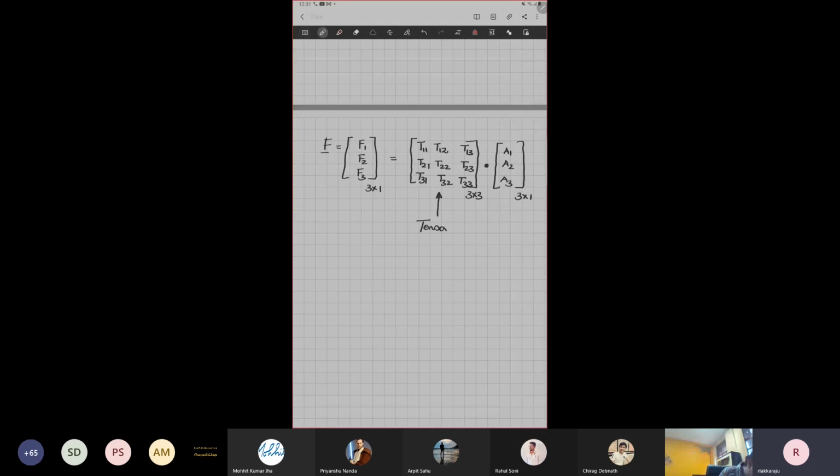The more formal definition is a second rank tensor, having an inner product dot with a first rank tensor, or more commonly known as a vector.